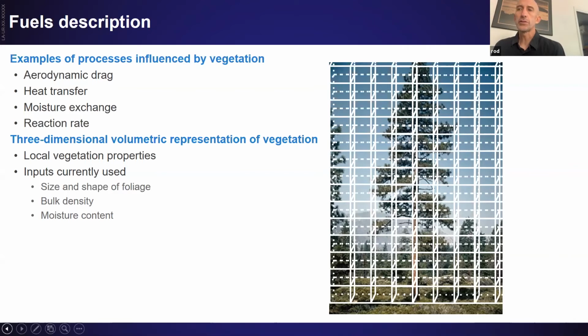And it influences the moisture exchange and the reaction rates. So it's important that we capture this three-dimensional structure, and what I've got there shows kind of a two-dimensional, but it's a three-dimensional grid of boxes. So in each grid cell, we end up telling it how much fuel is there and the characteristics of those fuels, such as the size or shape of the fuels and the moisture. Next slide.